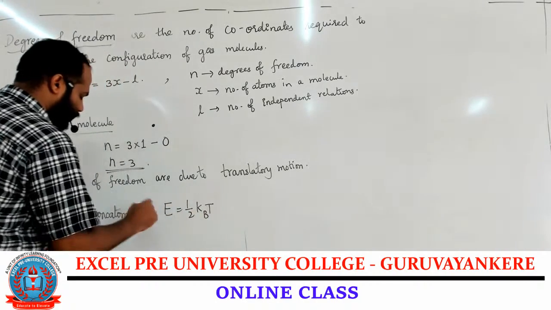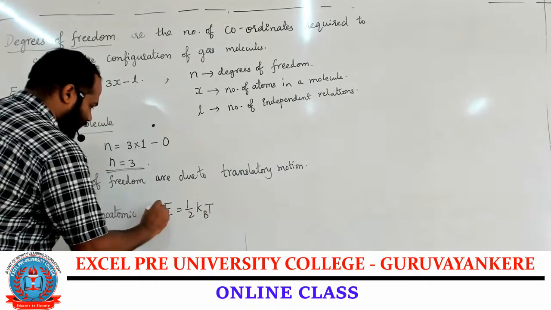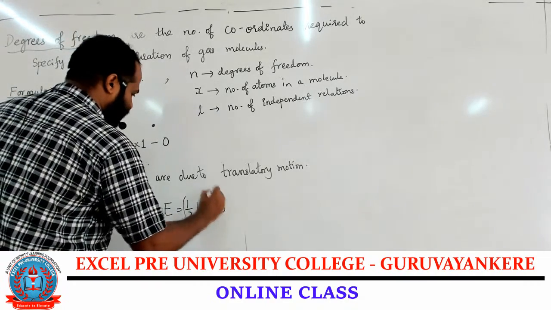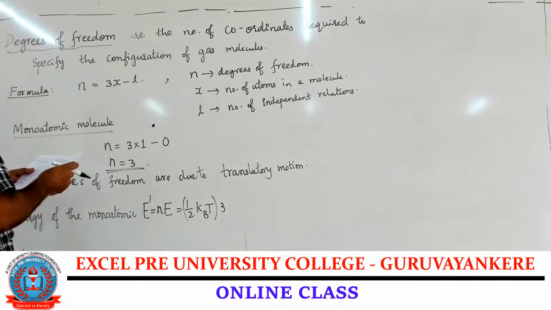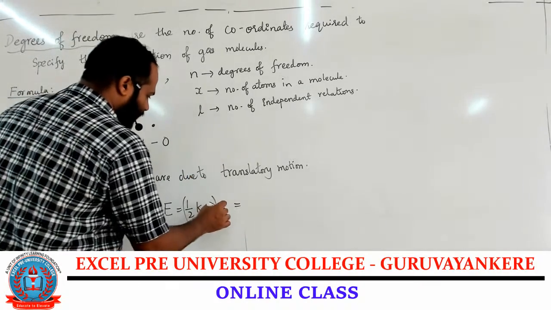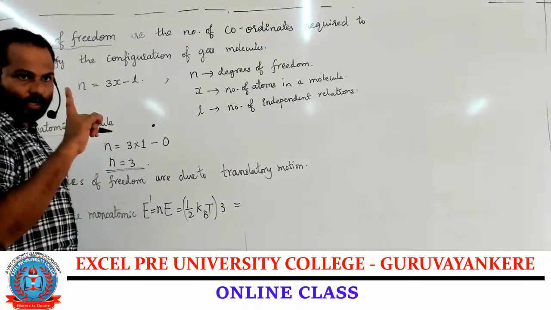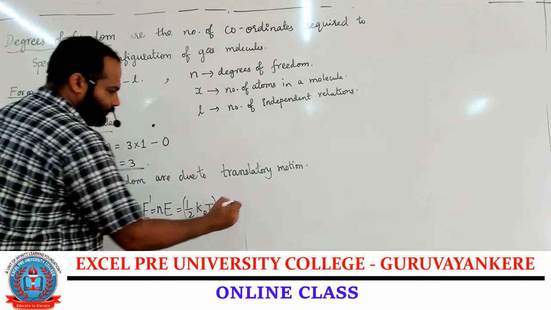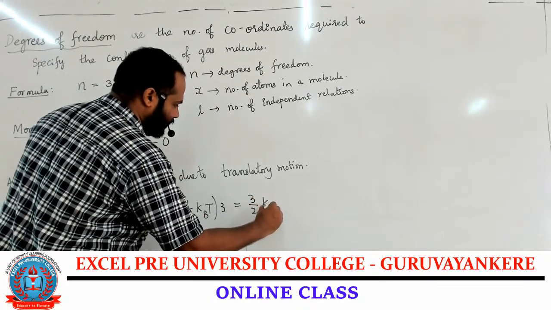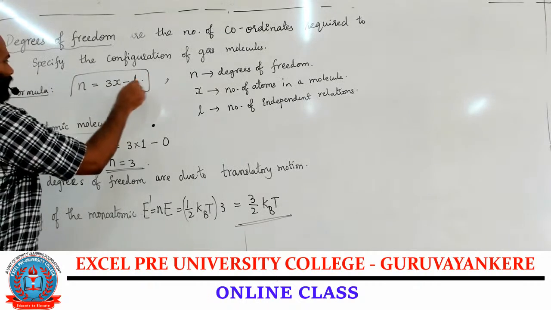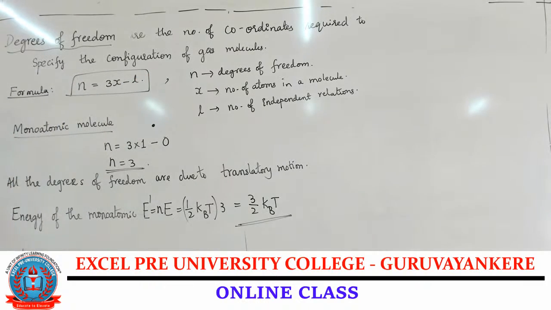The total energy will be n times e, where n is 3, the degrees of freedom, as given on the next page of your notes. In one direction, it has energy half kBT. So the total energy possessed by the molecule is 3/2 kBT. This is how we calculate degrees of freedom and energy. Is that clear?